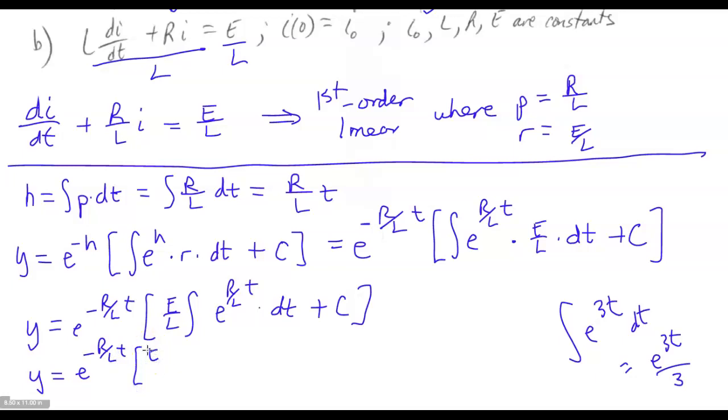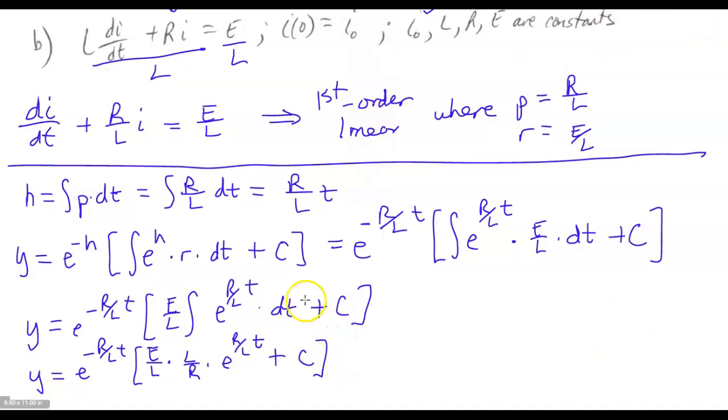So we'll have E divided by L times L divided by R, e raised to the R/L t, and then plus that integration constant. All right, so now at this point, just need to multiply everything through.